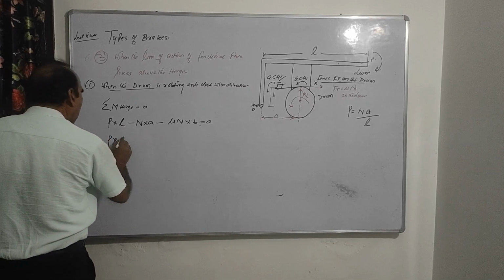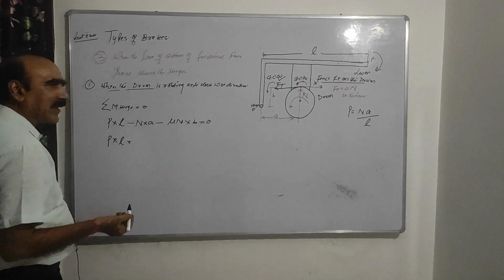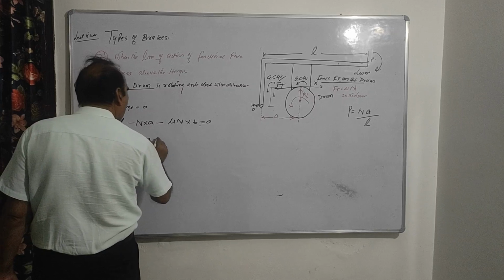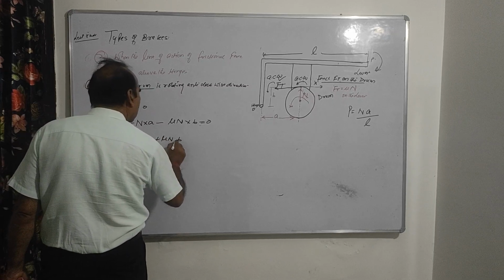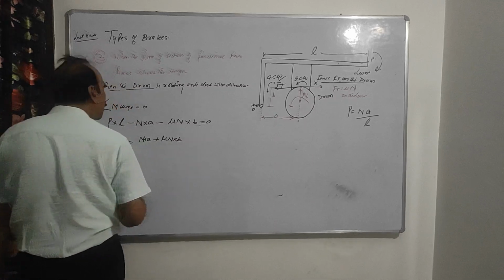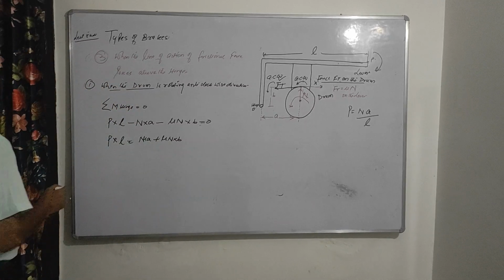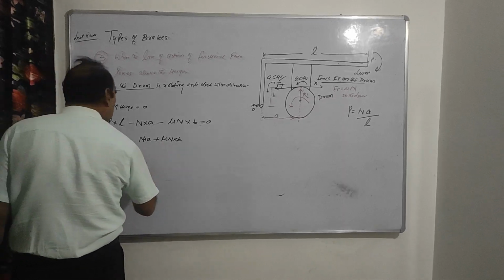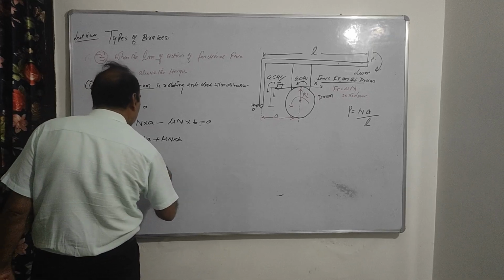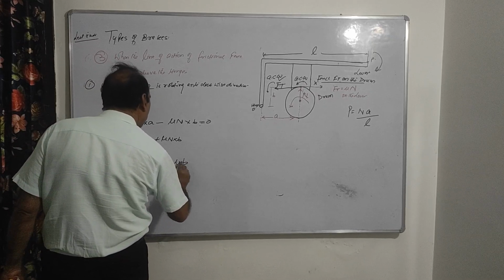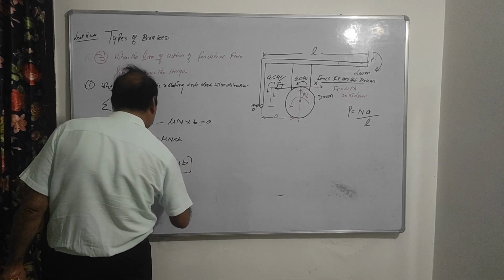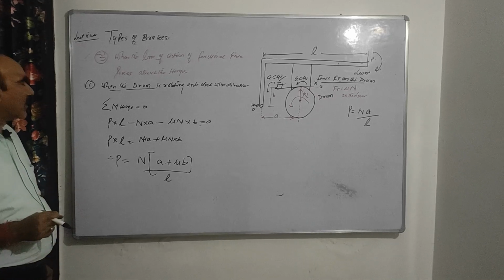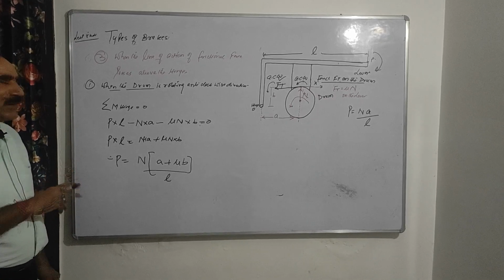P into L is equal to, both will go to the right side, so it becomes positive: N A plus mu N V. Therefore, P is equal to, you take N common, so this is equal to N times A plus mu V, upon L.